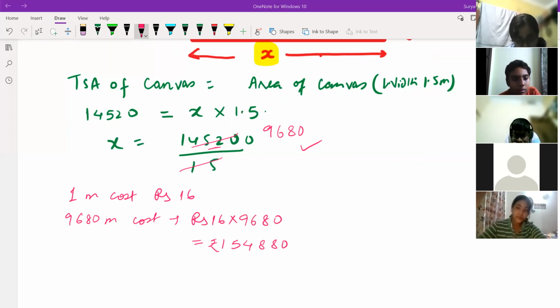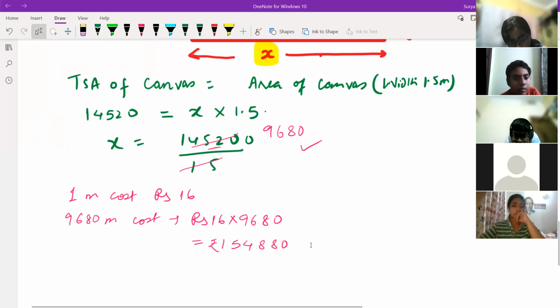So here the answer we are getting is 145200. So we have done a mistake. 14520 divided by 1.5, we are getting 9680. 9680 into 15. 15 is given in the question, Krishna, this is 15 only.